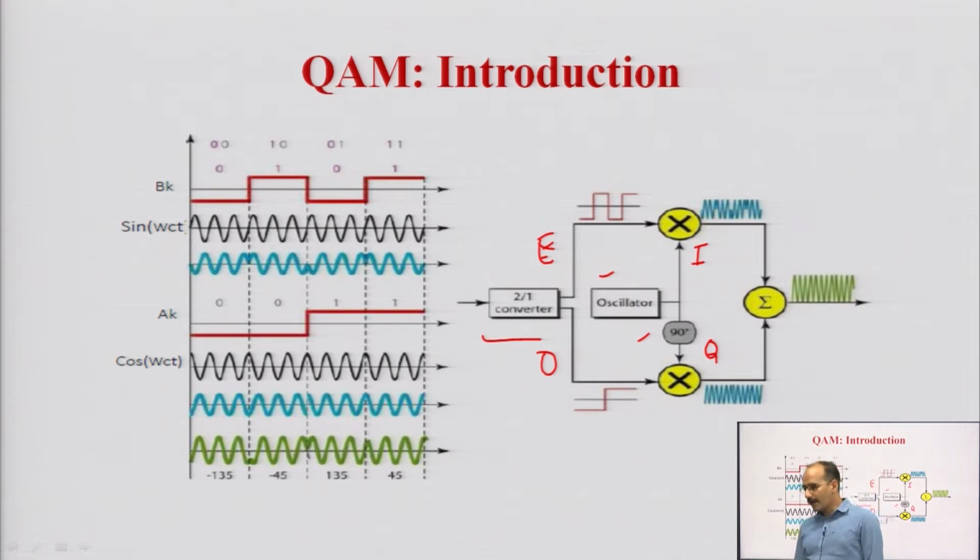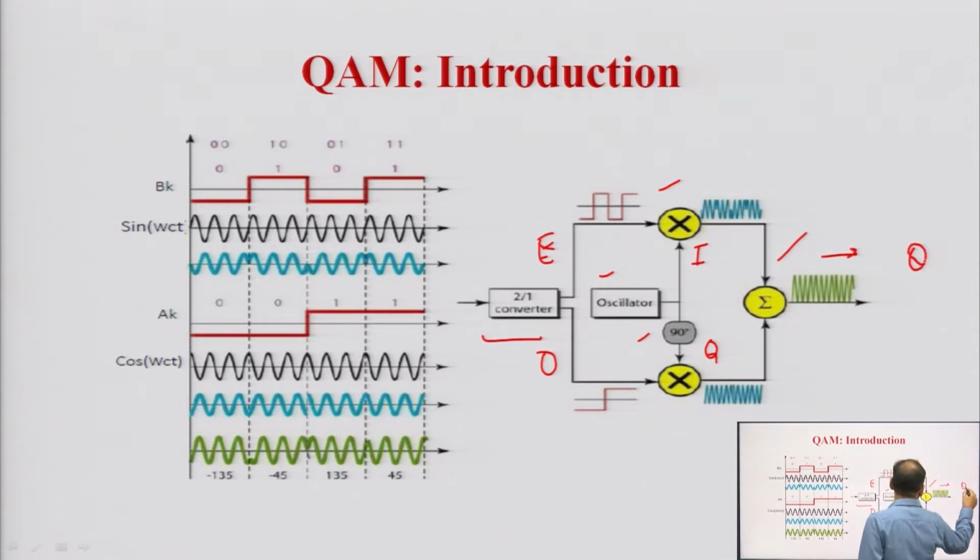You take the even and odd bit streams from the converter, perform the modulation to get 2 lines, in-phase and quadrature, and by summing them you get the QAM signal.